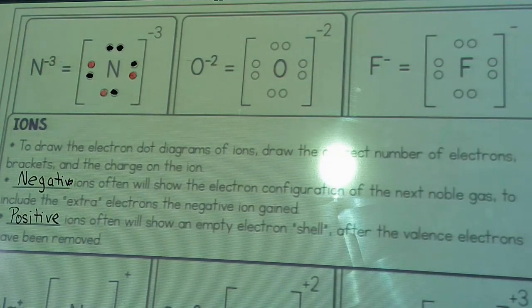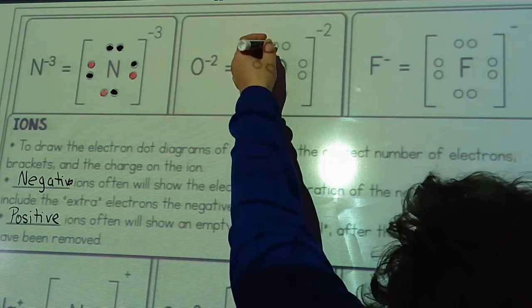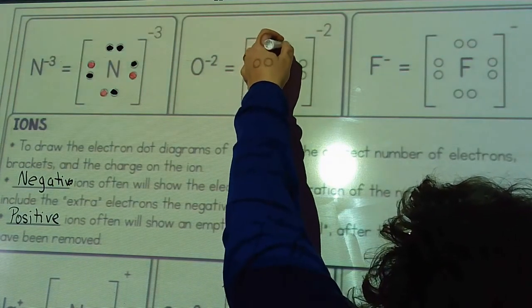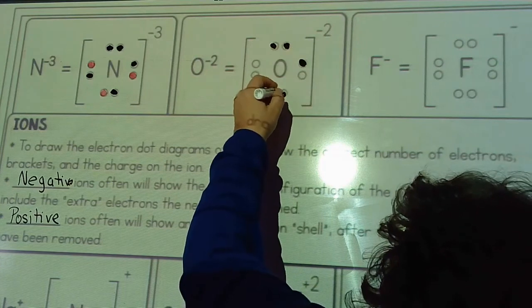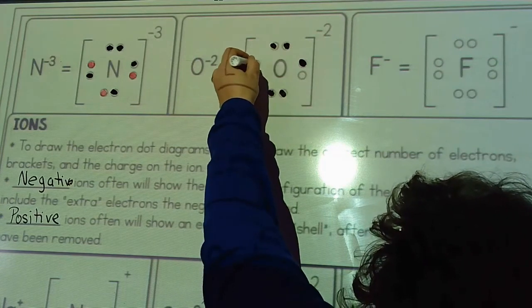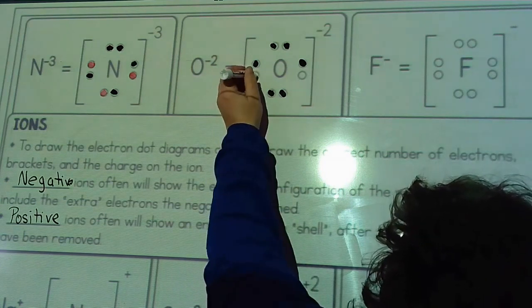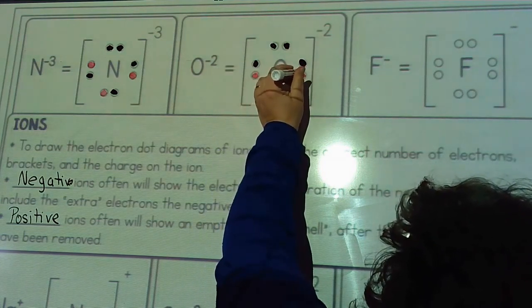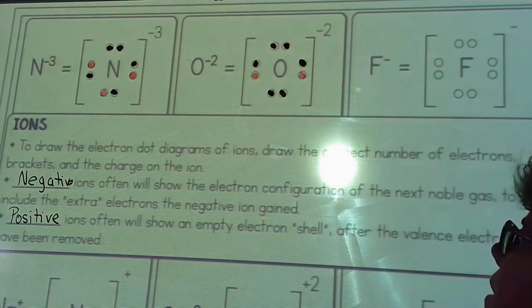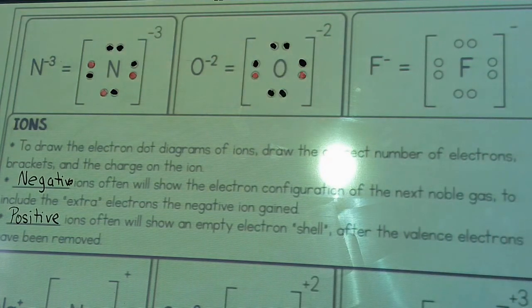Same thing here with oxygen. It starts out with 6 valence electrons. It will gain 2 more to get that nice 8 valence electrons, which gives it a -2 charge.